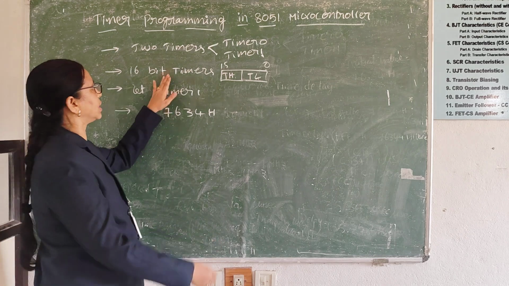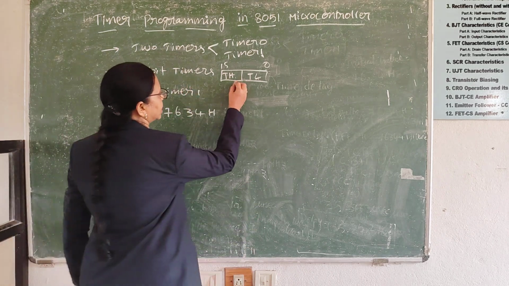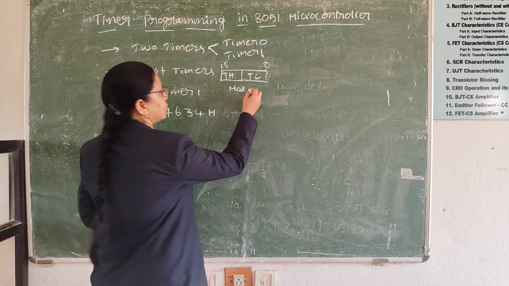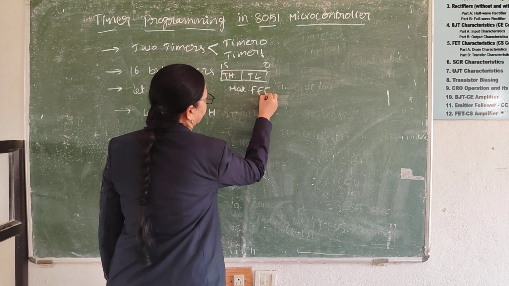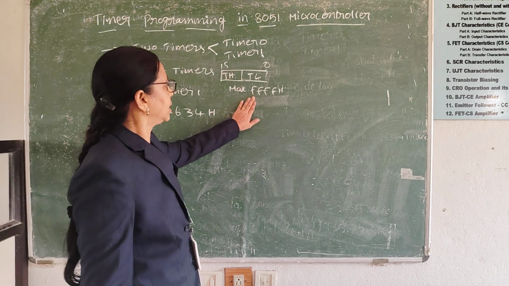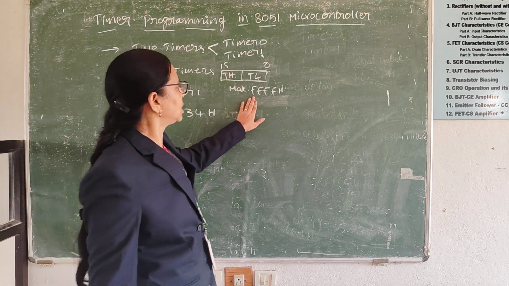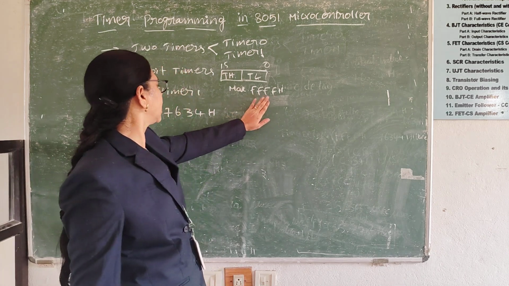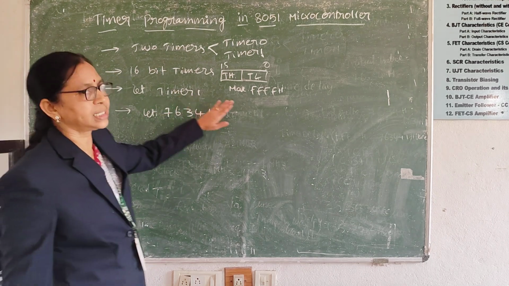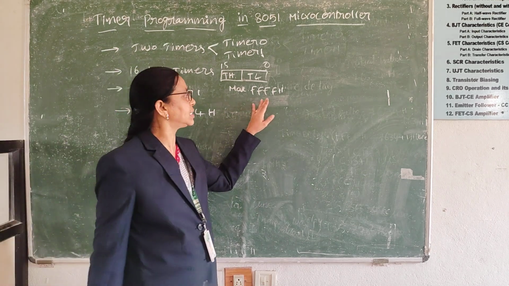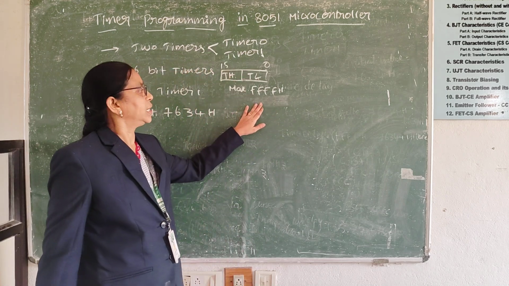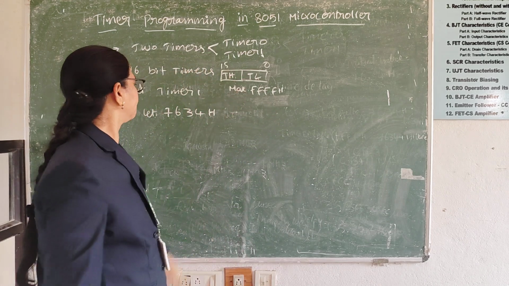For a 16-bit register the maximum value is FFFFH, since each hex digit represents 4 bits, total 16 bits. Whenever it reaches the maximum value, a timer overflow occurs.